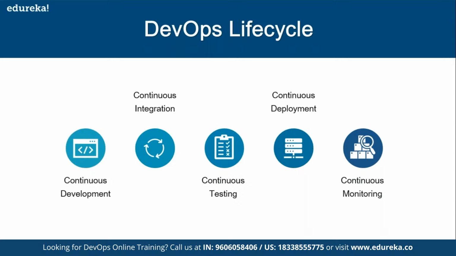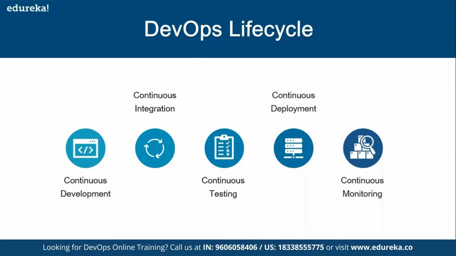Now, there are no DevOps tools that are required for the planning, but yes, there are tools for maintaining the code. Like you have Git, you have GitHub, right? All of these tools are made available to you. They're part of the DevOps life cycle.